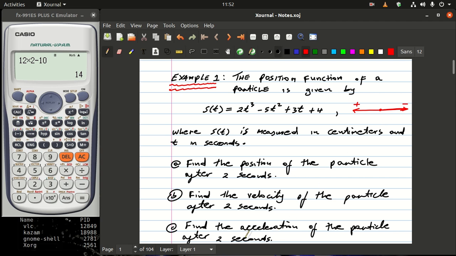When it comes to acceleration, when you're pressing the accelerator in your car, sometimes you're speeding up, sometimes you are slowing down, sometimes you are moving at a constant speed. For instance, let's say you are moving at 100 kilometers per hour, and in a very ideal situation with no cars on the road, you can keep that speed.